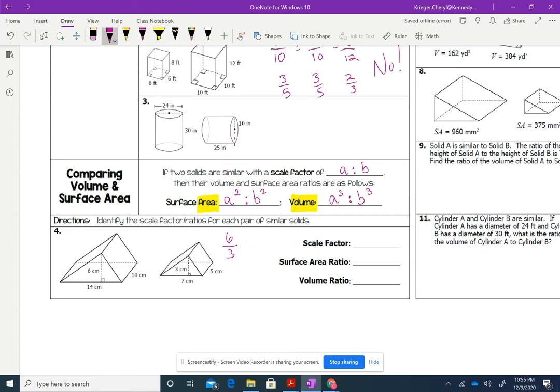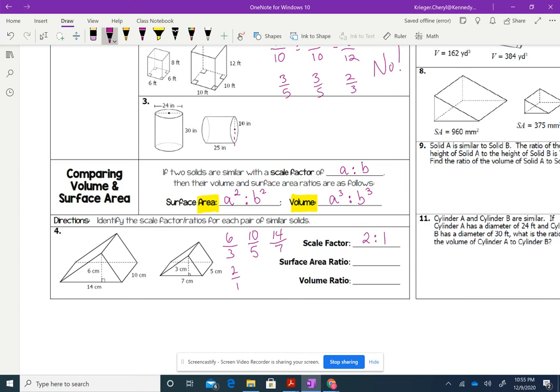That should be the same as the height of the prism, which would be 10 to 5, and 14 to 7, the base. Okay, so the scale factor here is 2 to 1. Hopefully that's pretty easy to see, right? These all reduce to 2 to 1.